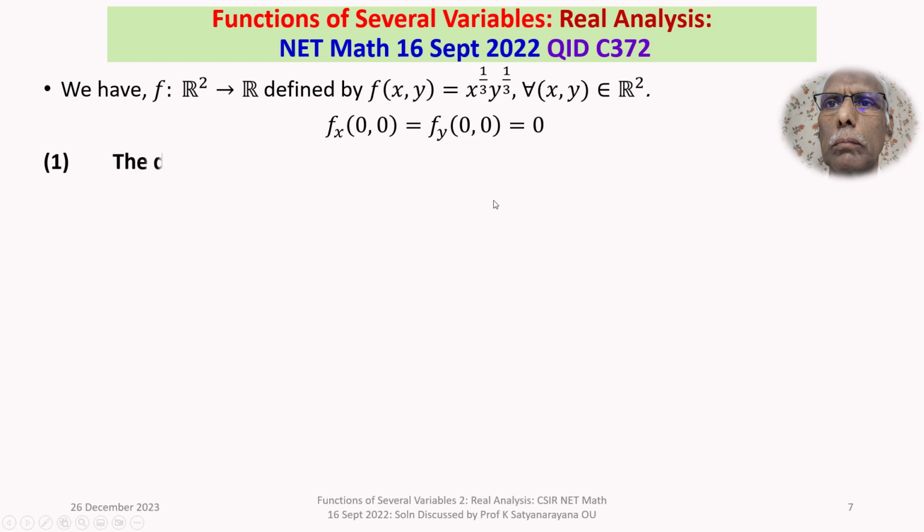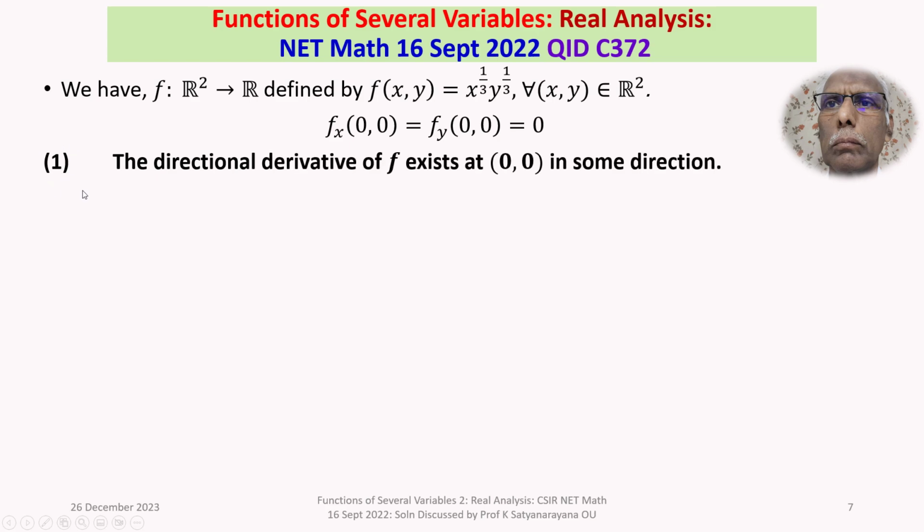Now let's take up the validity of option 1: the directional derivative of f exists at 0, 0 in some direction. If we can show that the directional derivative of f exists in some direction, then this option 1 will be true.